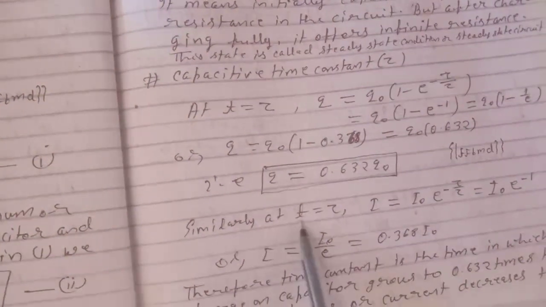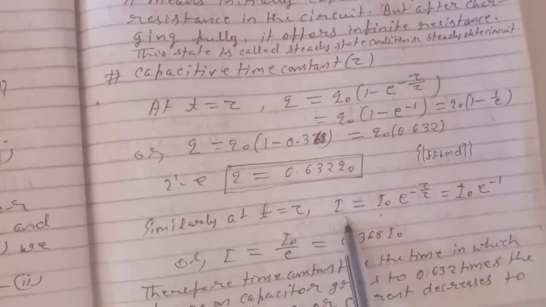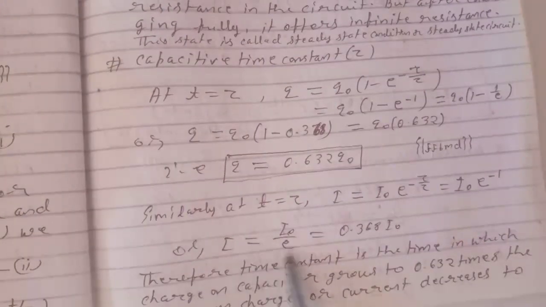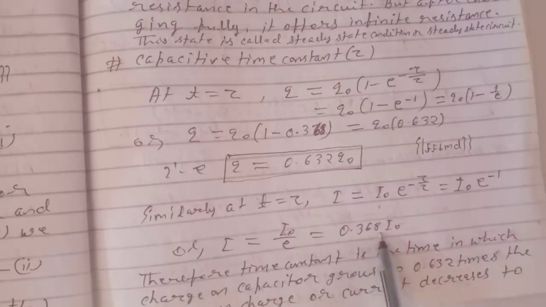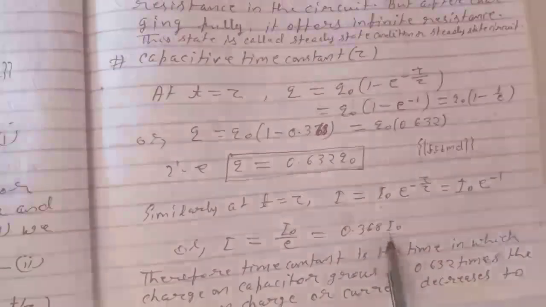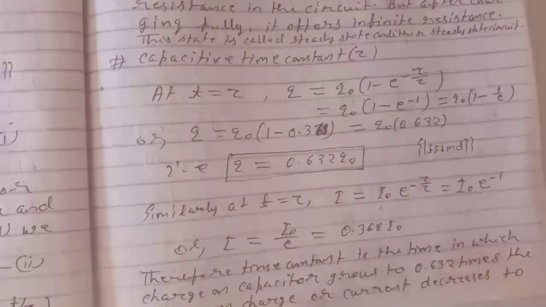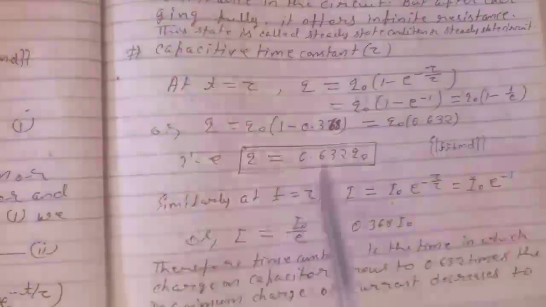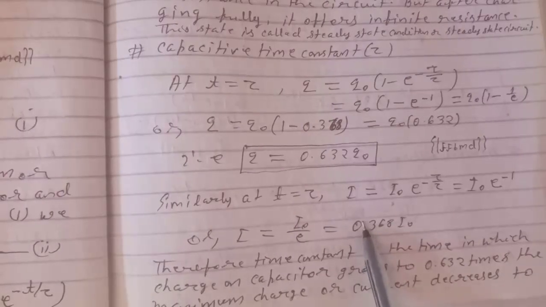Similarly, at t equal to tau, I equal to I naught into e to the power minus tau by tau, I naught e to the power minus 1, or I equals I naught by e equals 0.368 I naught. Therefore, from this relation we can define the time constant.